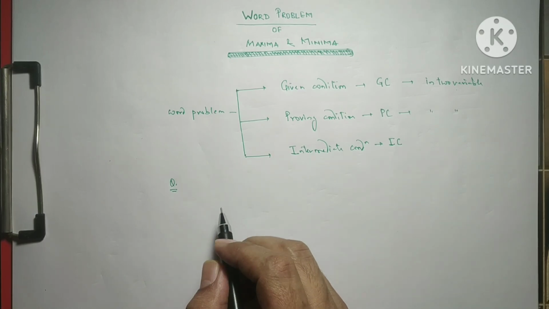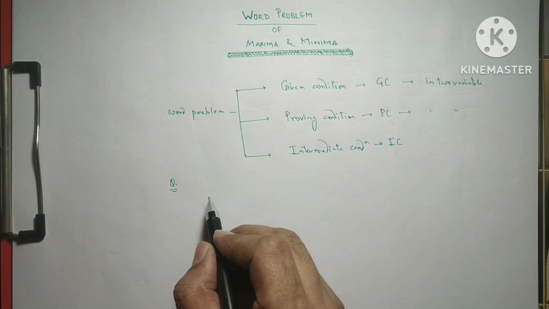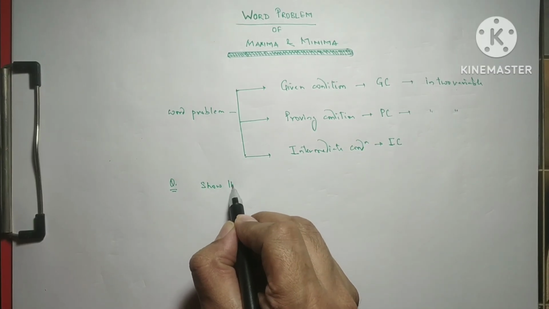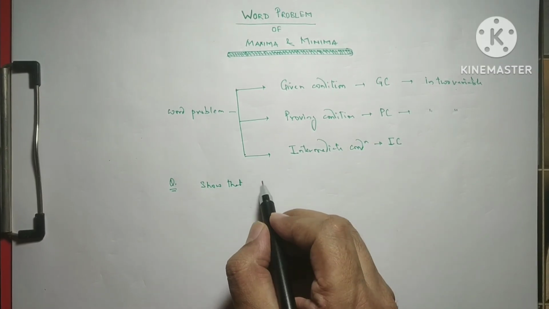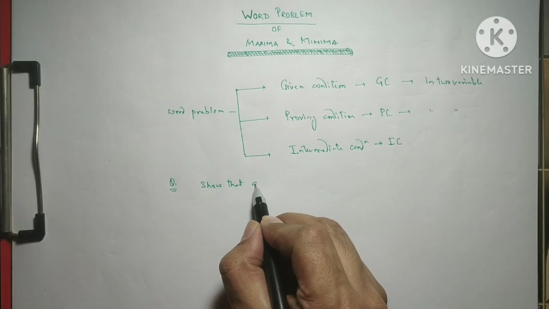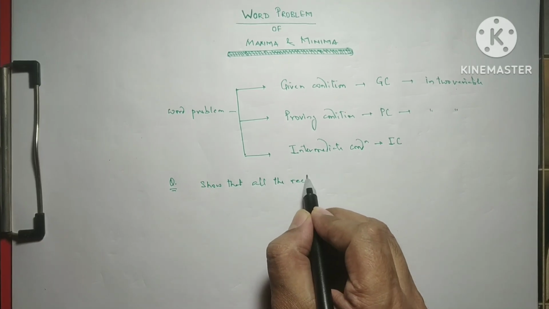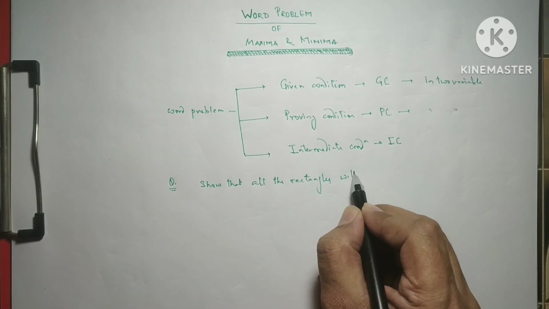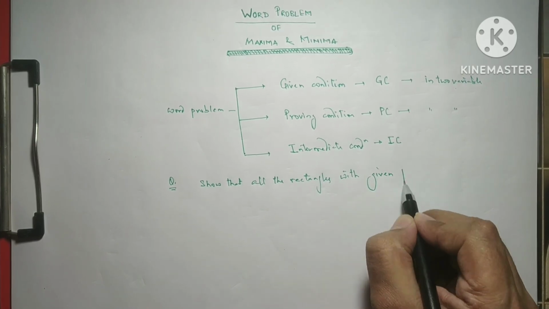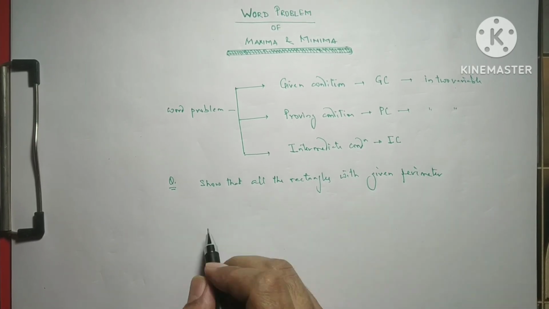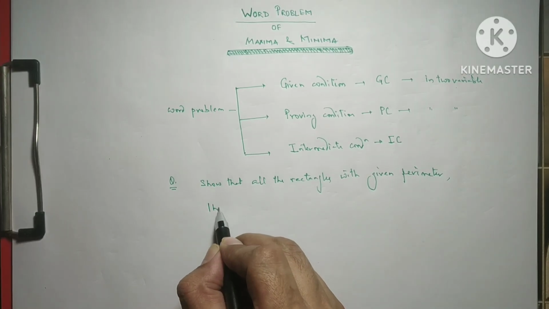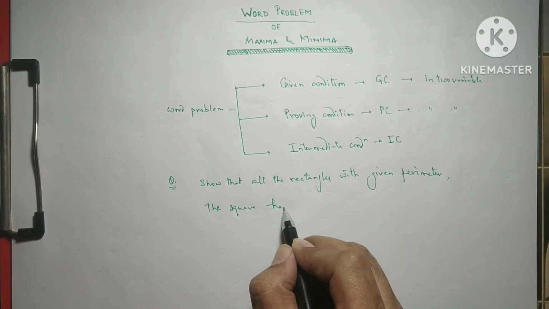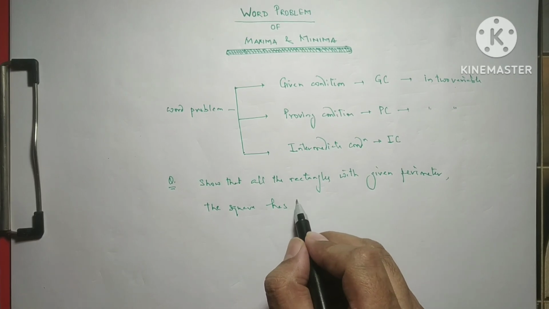Just we are taking this question. So show that all the rectangles with a given perimeter, the square has the largest area.